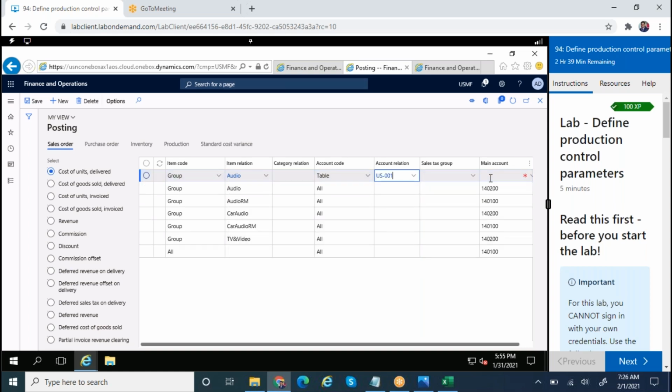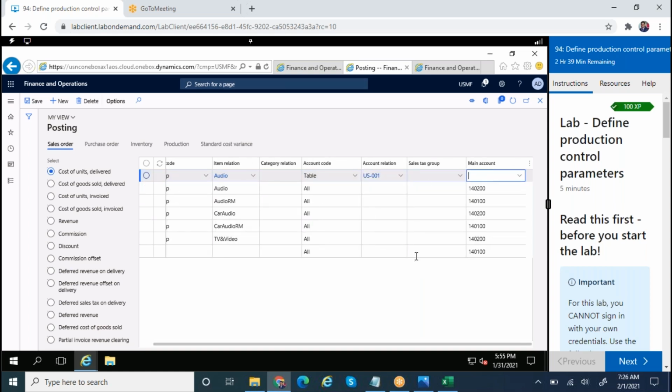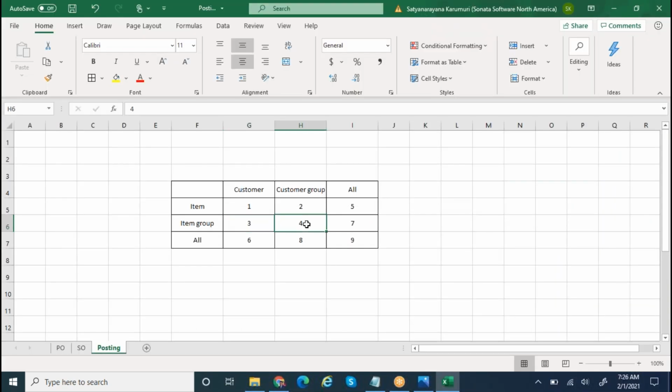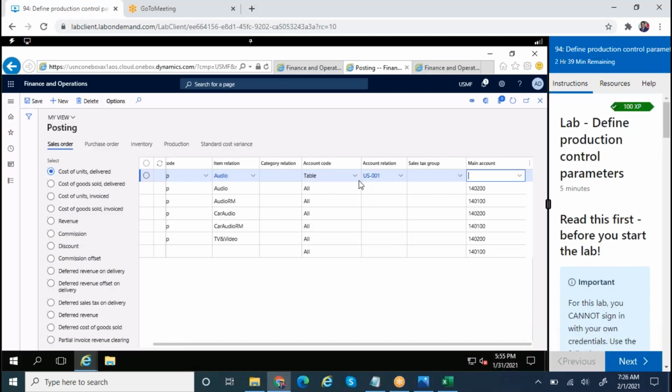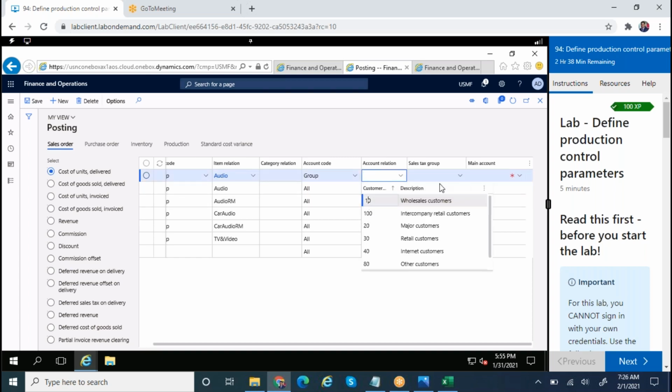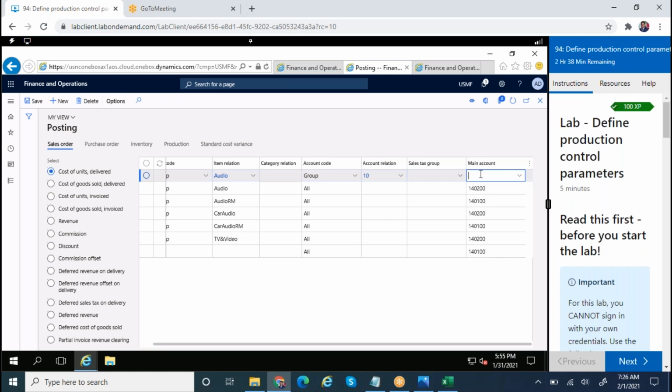I can map ledger account. Next, that is third one. Next one is customer group, item group. I can map ledger account.